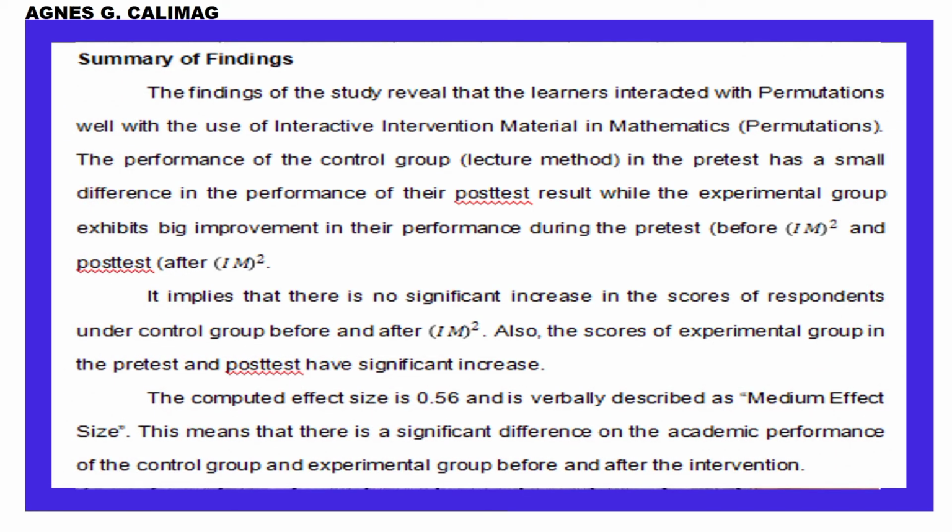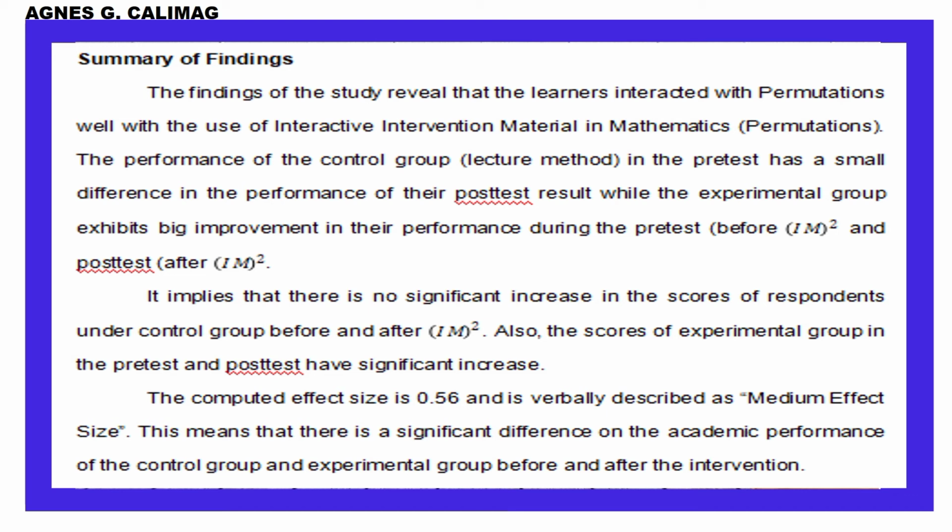Okay, summary of findings. The findings of the study revealed that the learners interacted with permutations well, with the use of the interactive intervention material in mathematics. The performance of the control group in the pretest has a small difference in their post-test result, while the experimental group exhibits big improvement in their performance before and after the intervention.